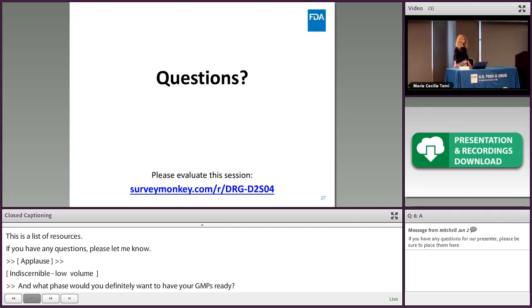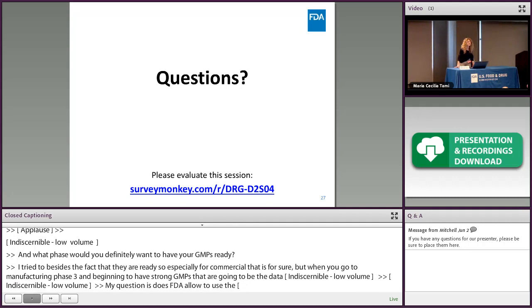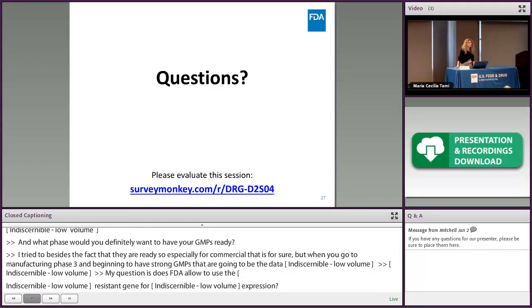My question is, does FDA allow the use of vectors containing an ampicillin-resistance gene for recombinant protein expression and production for phase 1?